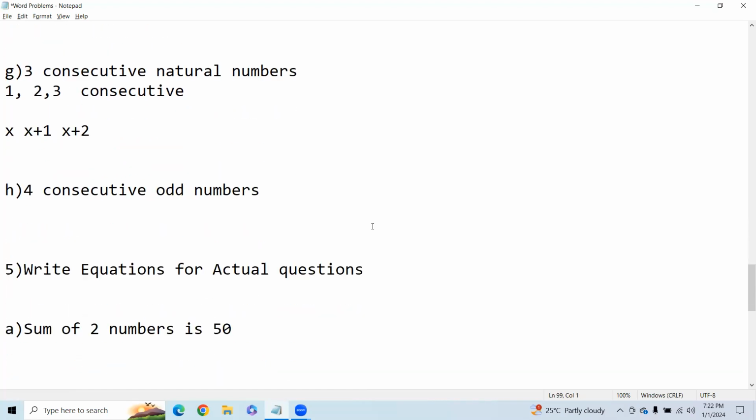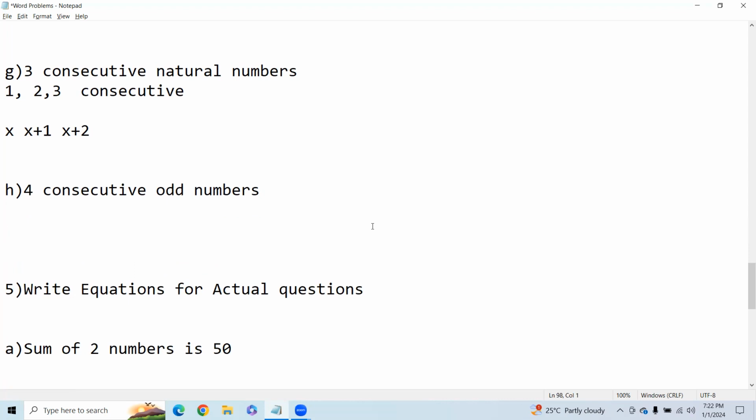Let's look at 4 consecutive odd numbers. When we say odd number, any number which ends with 1, 3, 5, 7, 9 is called an odd number. Let's take 1 as the first odd number. How much you add in 1 so that you get the next odd number? Consecutive means immediate. After 1, what is the next odd number? 3. So X plus 2 becomes 3.